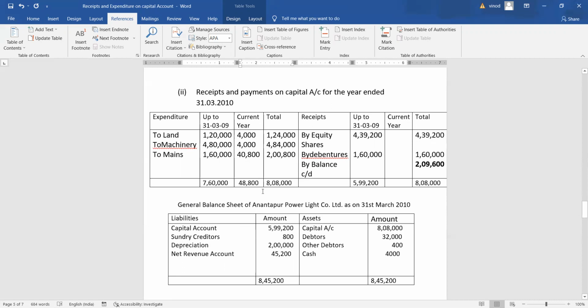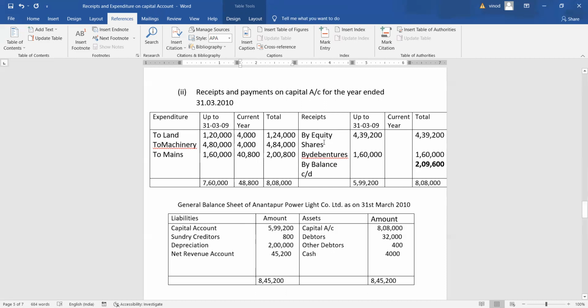The second one is the general balance sheet. Here in receipts and payments on capital account, we should write all the sources and applications of the funds. What are the different sources that the company has? The sources are equity shares and debentures. These are the two major sources this company has.